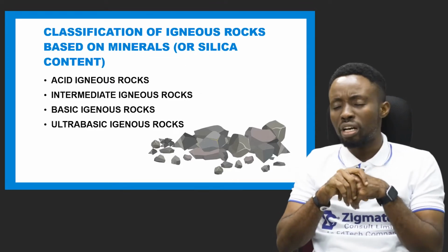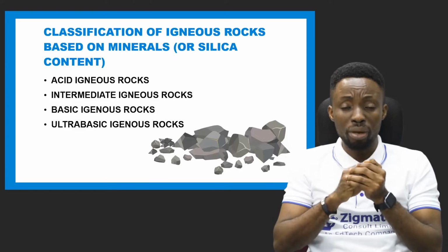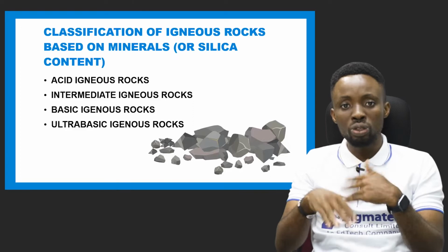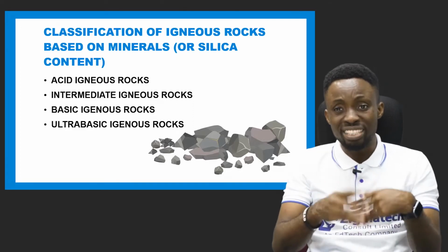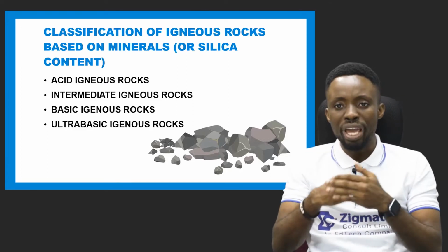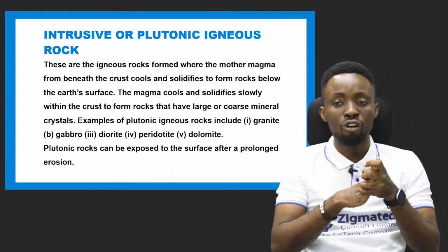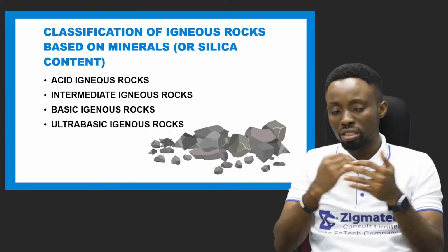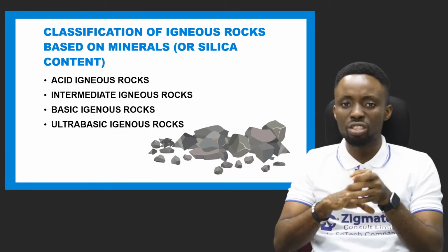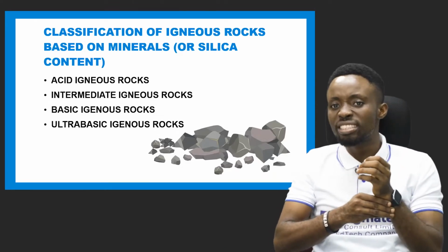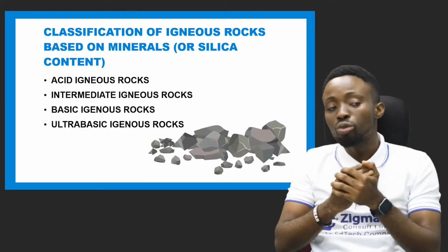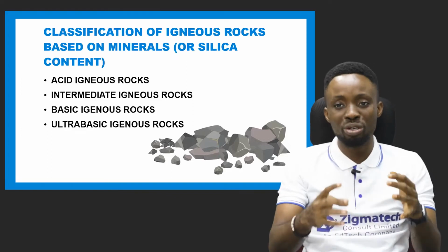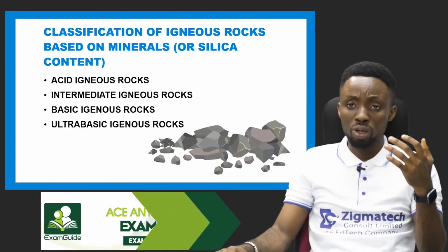When the amount of silica in it is high or low, we classify it as acid or basic. So we have four classifications of igneous rock based on its silica content. The first one is called the acid igneous rock, the second is the intermediate igneous rock, the third is the basic igneous rock, and the fourth is the ultra basic igneous rock. We're going to look at them one after the other.